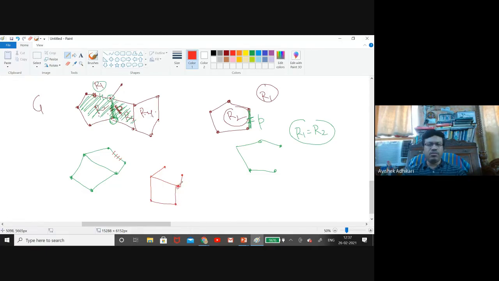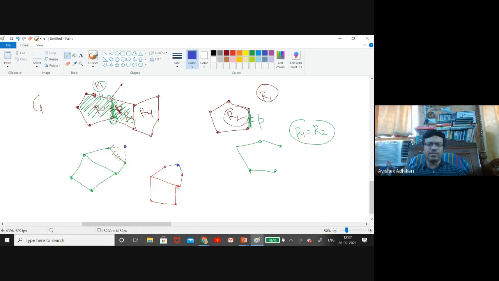Then I am going to insert another new vertex right here, and I just draw and add the edges. So I'm just adding one extra vertex to give a kind of partition of this.